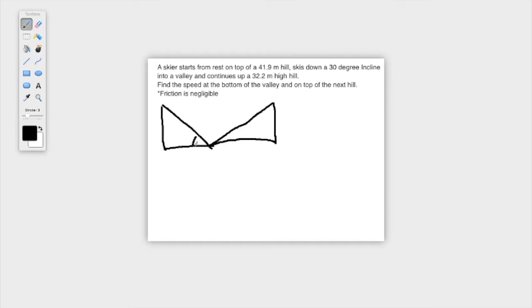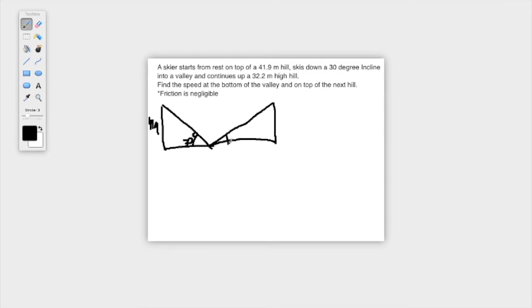So, like say if the hypotenuse was 41.9 meters, which it is not. But if this was 41.9 meters, we would have to take the sine of that angle times the hypotenuse to get the height that we need.